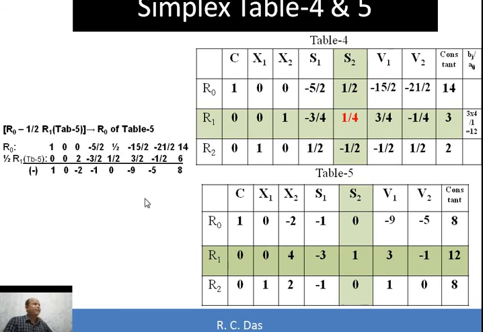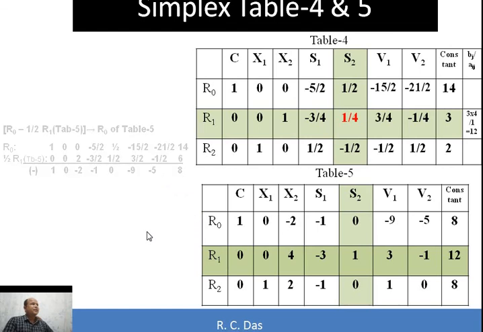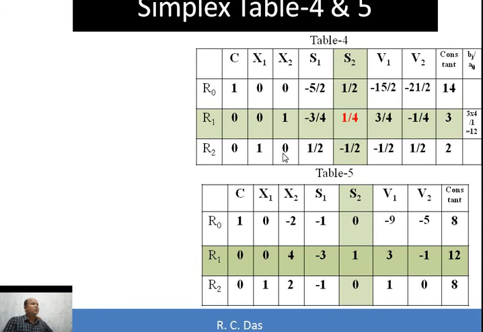Okay, minus it, we'll get 1, 0, minus 2, minus 1, 0, minus 9, 5, 8. Put it, we'll get row 0 of table number 5.